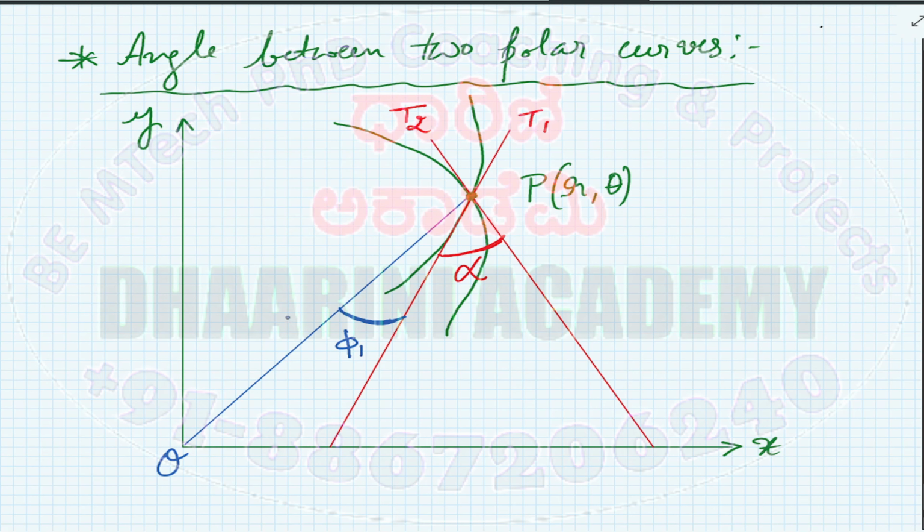Similarly, let me denote this as r and this is theta. I know this. Now, using the basic concept, I also know this angle, the angle between the radius vector and the second tangent. Let me denote that angle as phi 2.